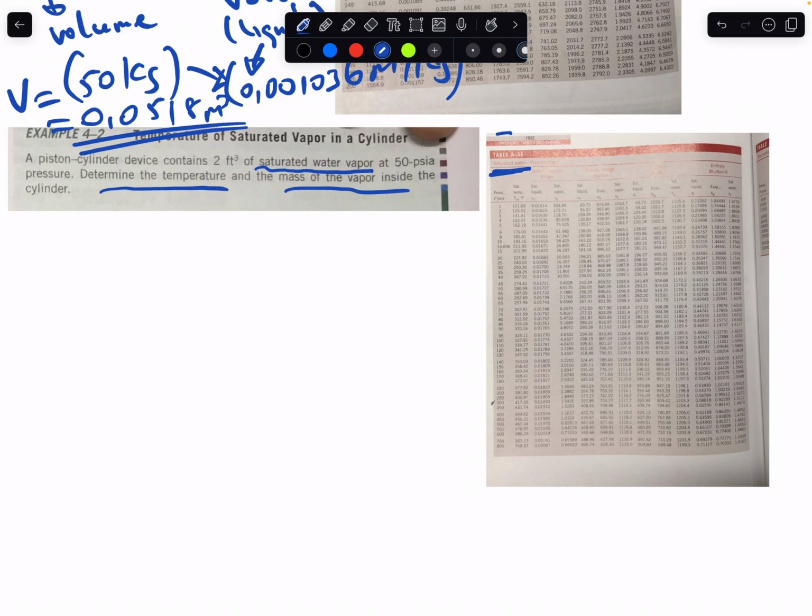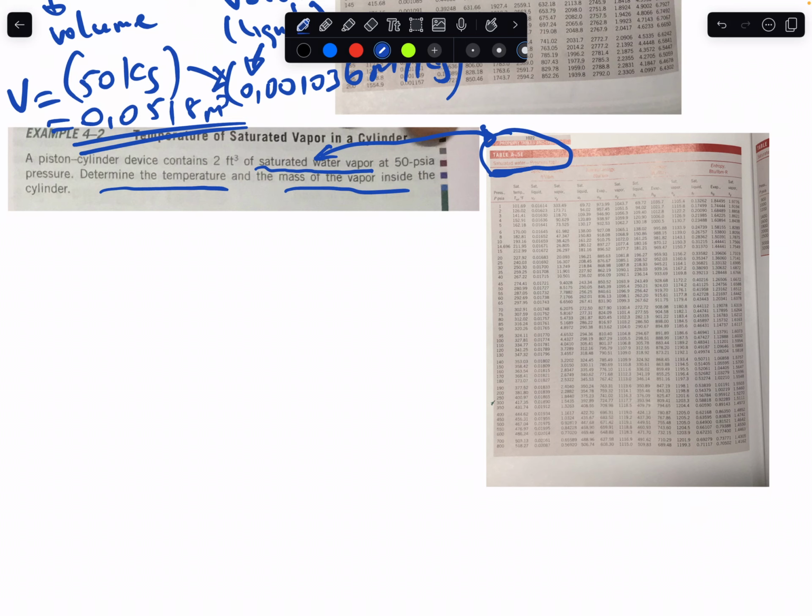So I'm going to use table A5E in solving this problem, because the question says saturated water vapor, and among all the property tables, this is where I see saturated water. So this is the right property table.